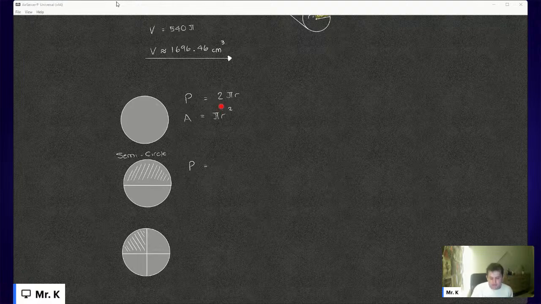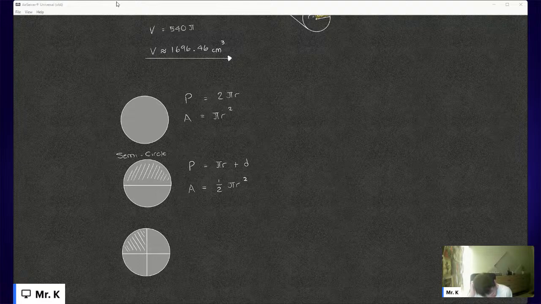We need half of the perimeter of a full circle, right? So as opposed to having 2 pi r, we just have pi r plus the diameter for the perimeter of a semicircle. The area of a semicircle is going to be half pi r squared, because it's half a circle.